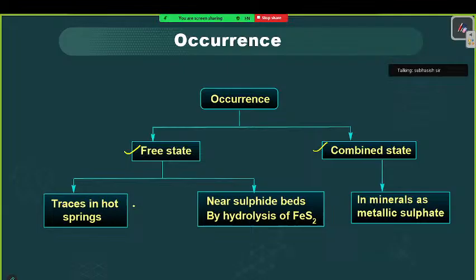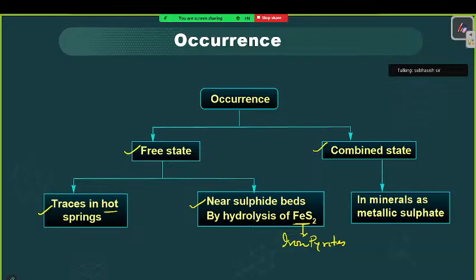Free state means it is present as sulfuric acid in hot springs or near the sulfide beds, by the hydrolysis of FeS2, that is iron pyrites. It is produced by the hydrolysis of iron pyrites.